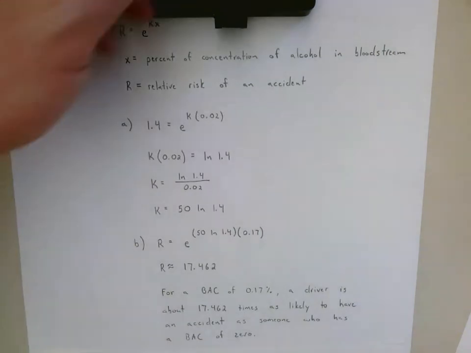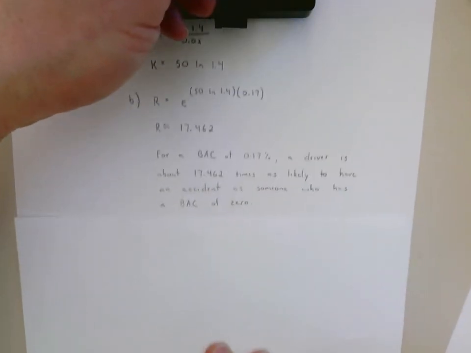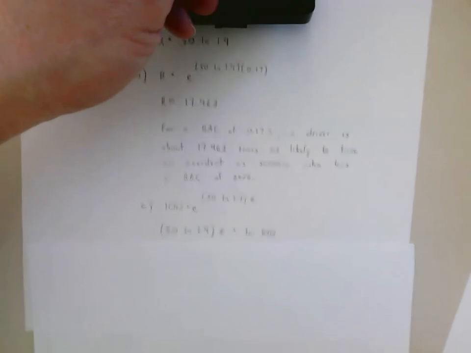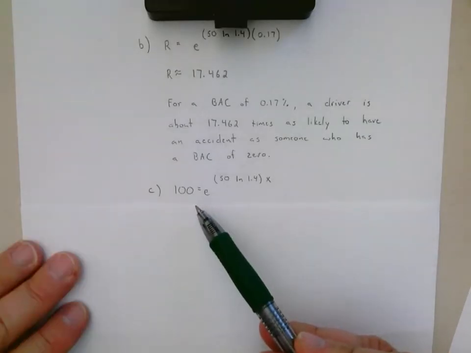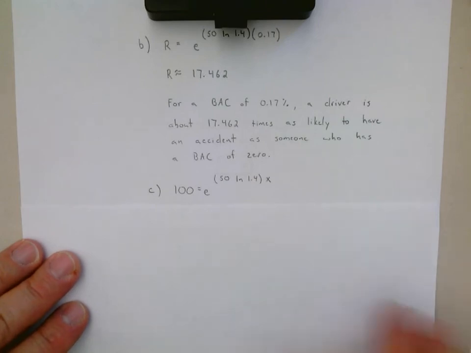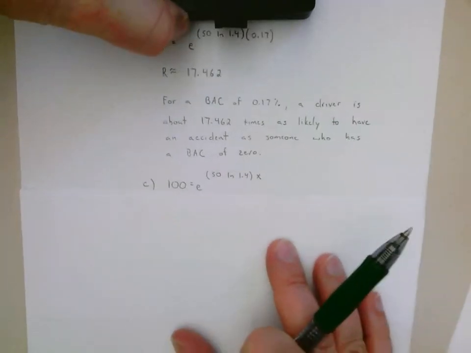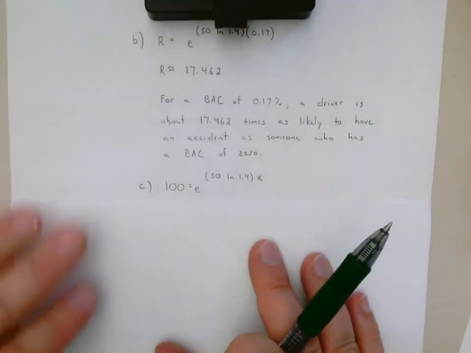In part C, we are asked for the BAC of a person who has a relative risk of getting in an accident 100 times greater than a person who has not been drinking. Obviously an incredibly risky person.